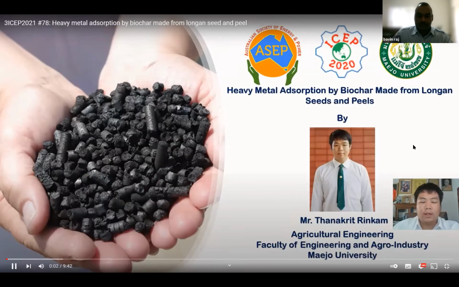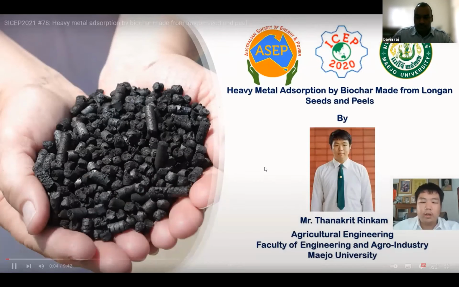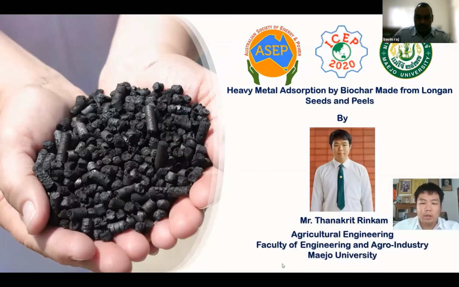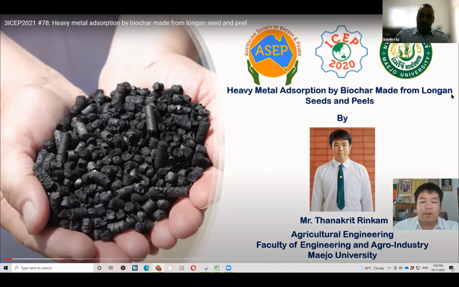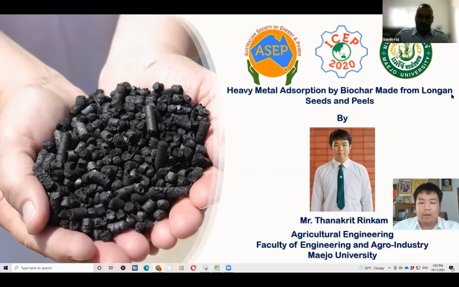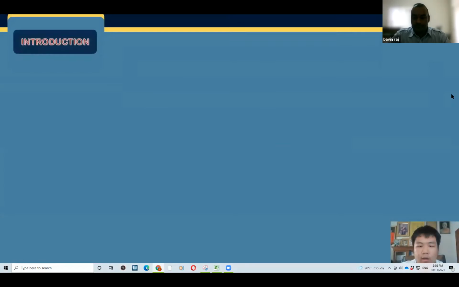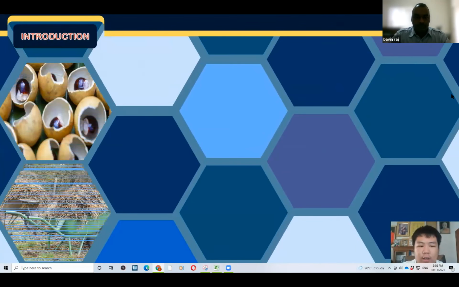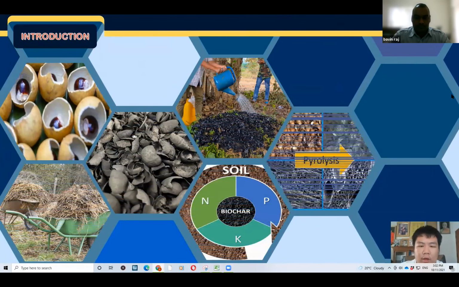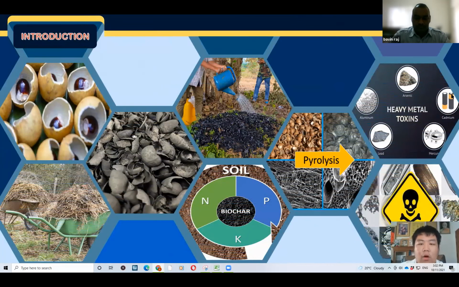My name is Sanakit Intam. Today I will present heavy metal adsorption by biochar made from longan seed and peel. Let's start with the introduction. Biochar is a product from agricultural or organic waste via slow pyrolysis at the proper atmosphere and temperature.